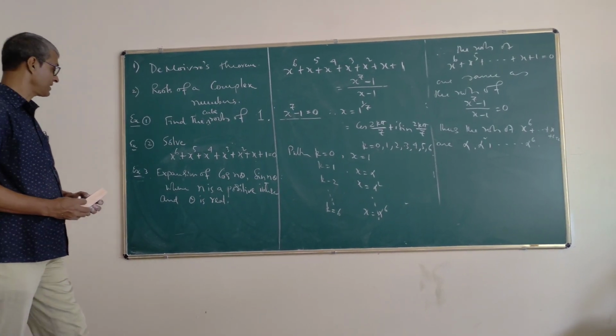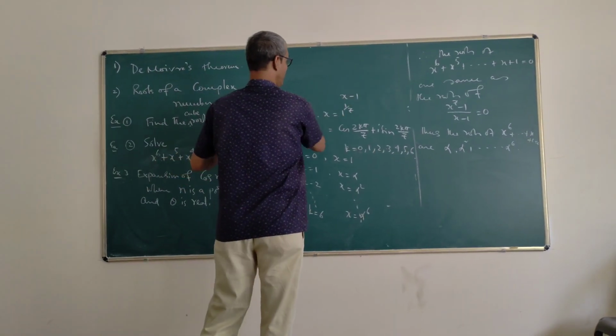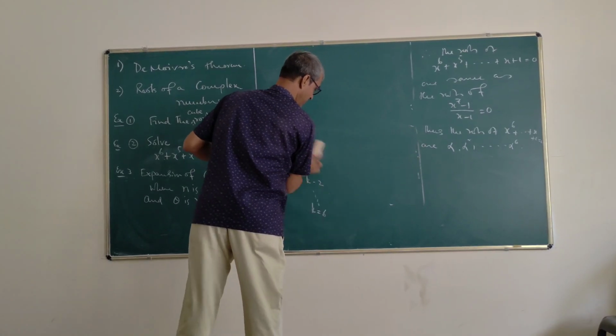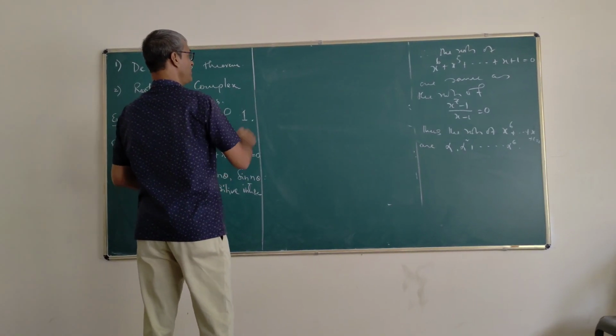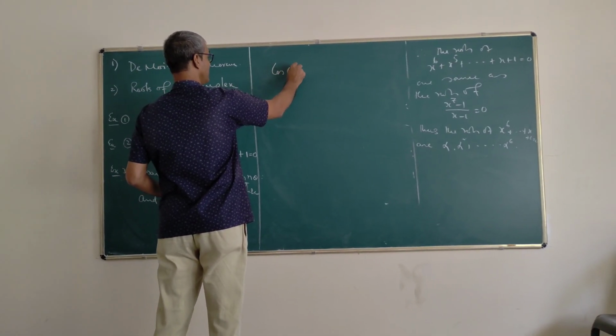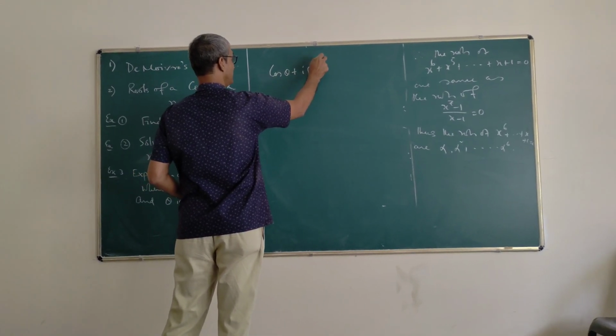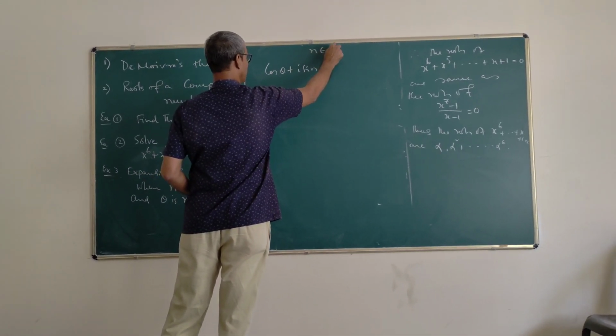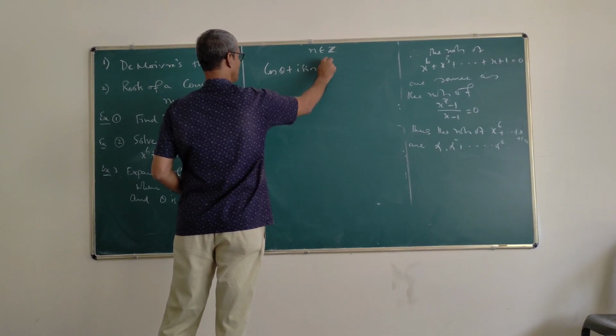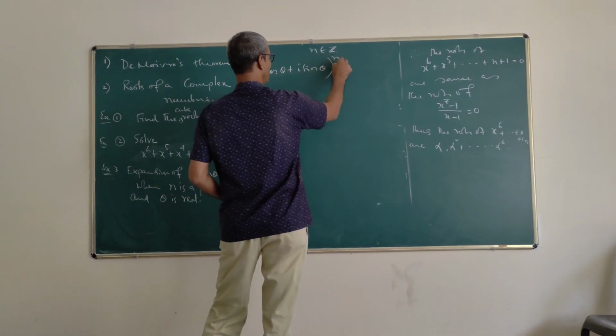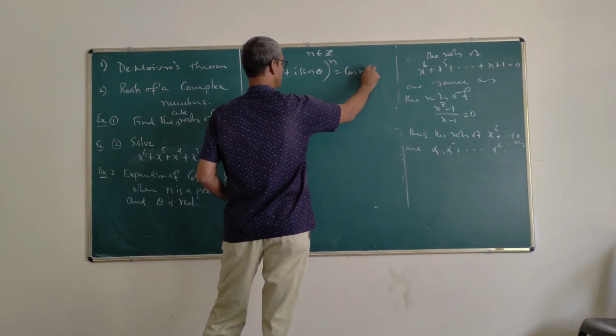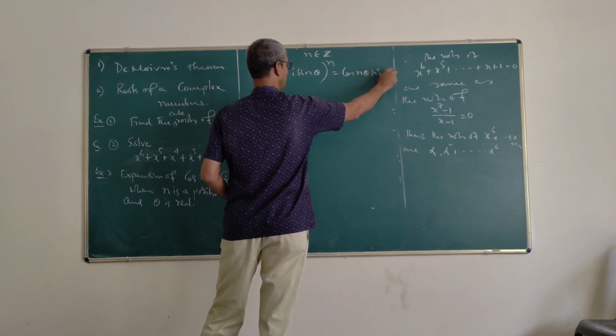Expansion of (cos theta + i sin theta)^n. Now you know that De Moivre's theorem holds when n is an integer, positive or negative: (cos theta + i sin theta)^n = cos n theta + i sin n theta.